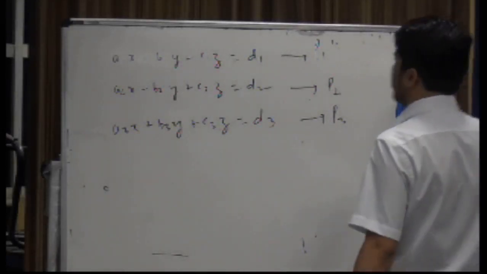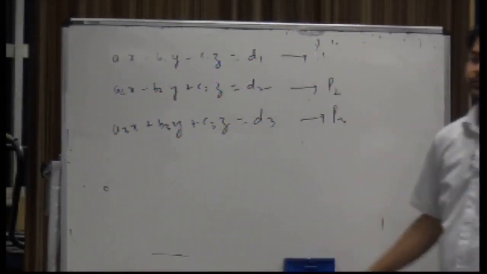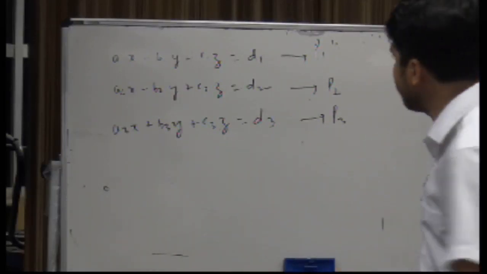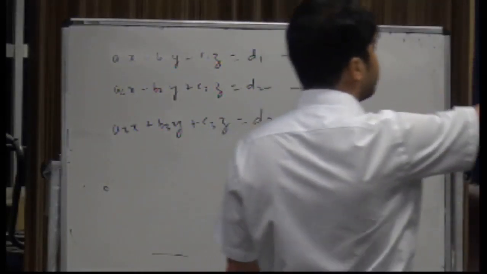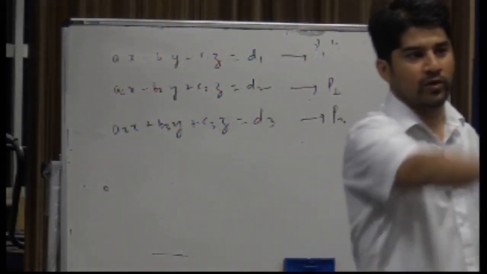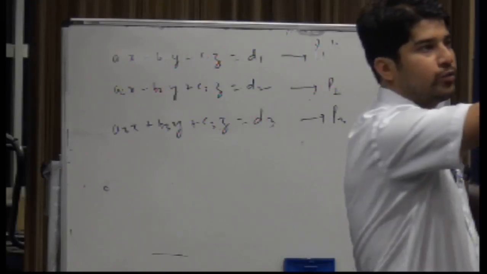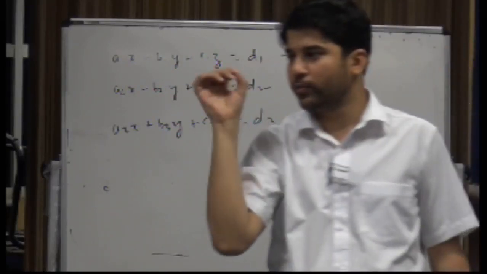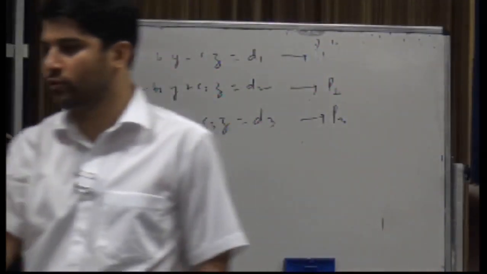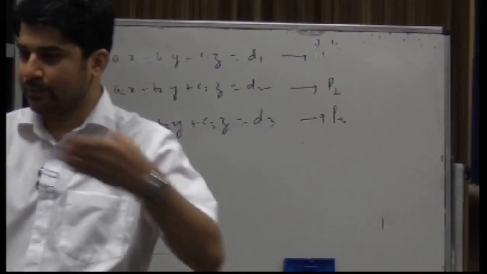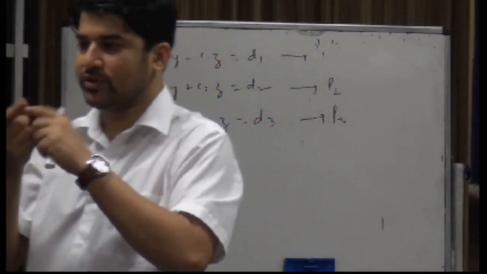What does one solution mean? They are sharing one common point. Let's say I'm talking about that corner. You have one plane, 2 planes, and the 3rd plane. They all are meeting at just one point. They have only one point of solution, and that is the vertex. So when 3 planes meet at one point, we call it one solution.